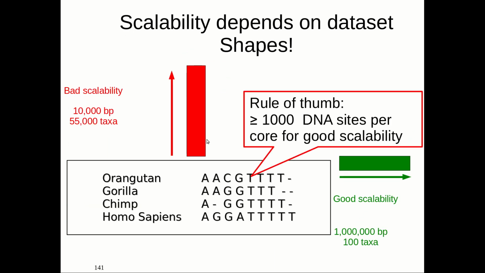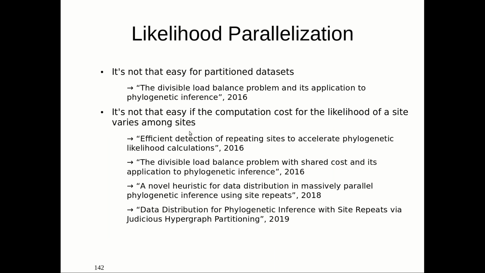But if I apply some optimizations to the likelihood function, and the cost of calculation per alignment site varies, it's not that easy. So in the meantime we've produced 3 papers dealing with this.